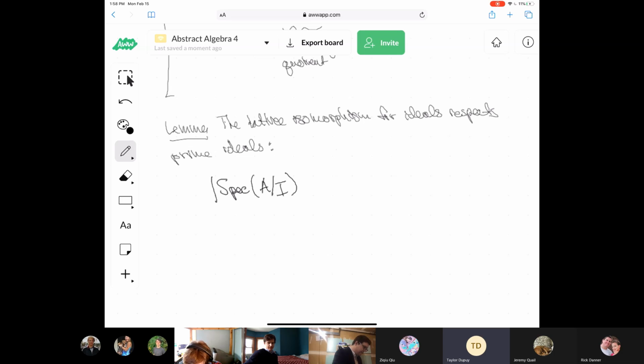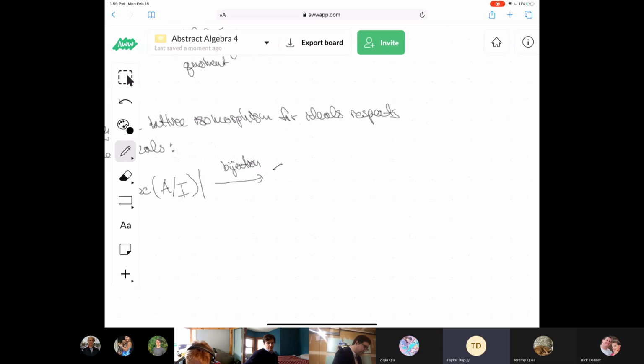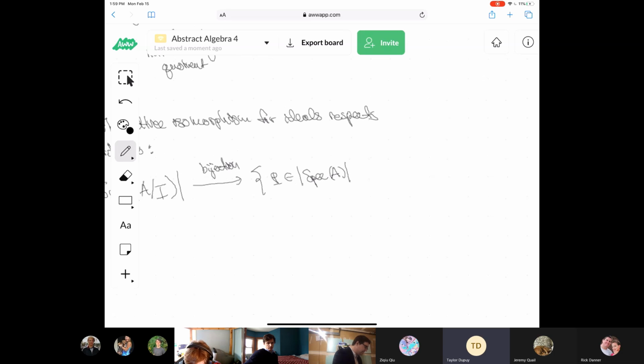So this is the collection of prime ideals of A mod I, and this is a bijection. It's actually an isomorphism of lattices. So this is the set of P, a prime ideal of Spec A, such that P contains I.